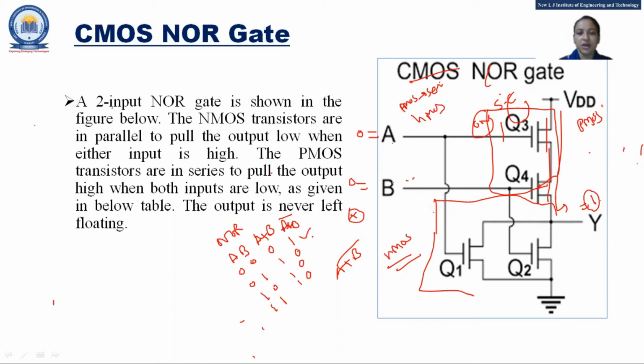If A is 0 and B is equal to 1, this is 0, right? So this is a short circuit, but this is an open circuit. Now here no current will flow, but here this Q1 and Q2 are connected here.